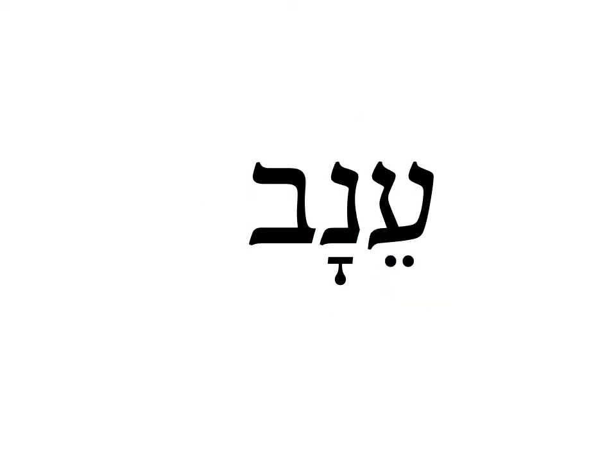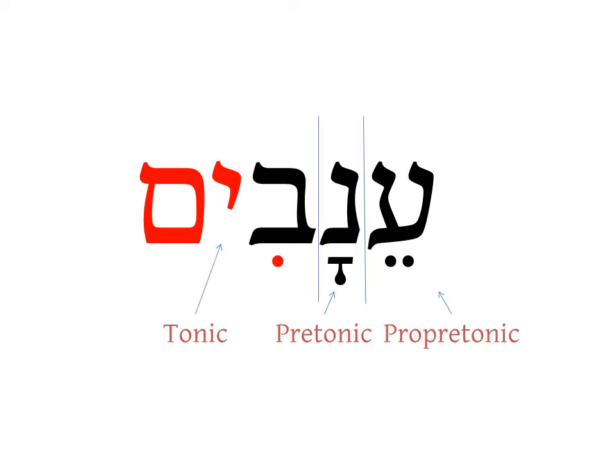Now let's take the word enav, which means grape. It's also a masculine noun. To make it plural, we add im, and we find that, again, we have 3 syllables. This time, in the propretonic syllable, the syllable 2 before the accent, which is a, we have a tsere.